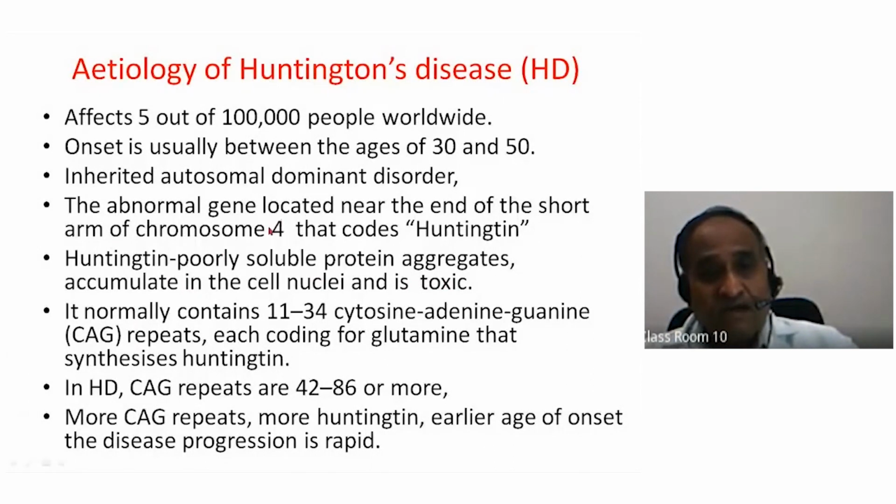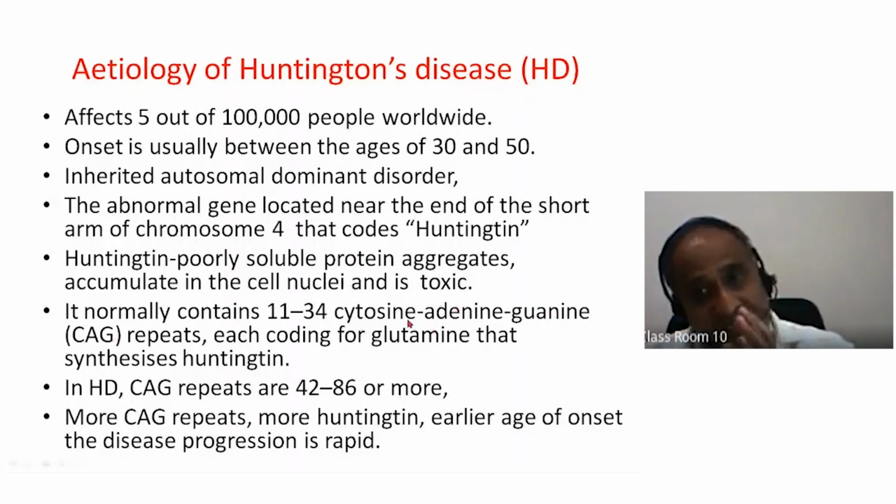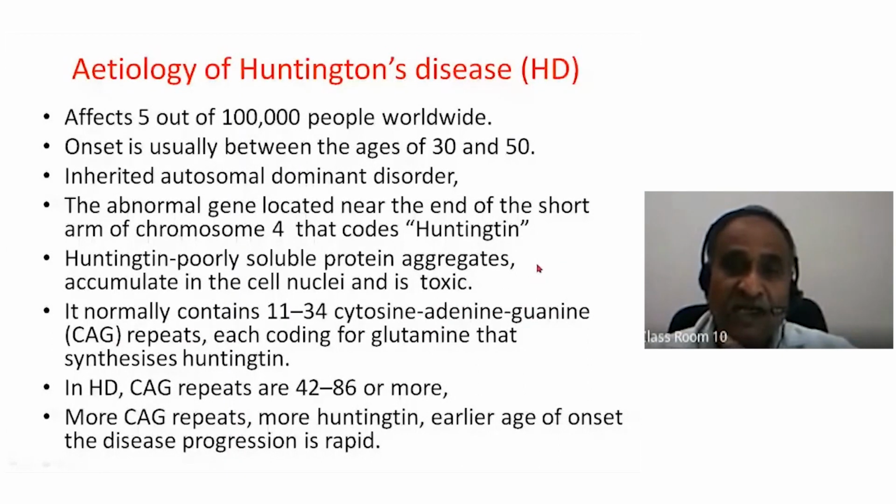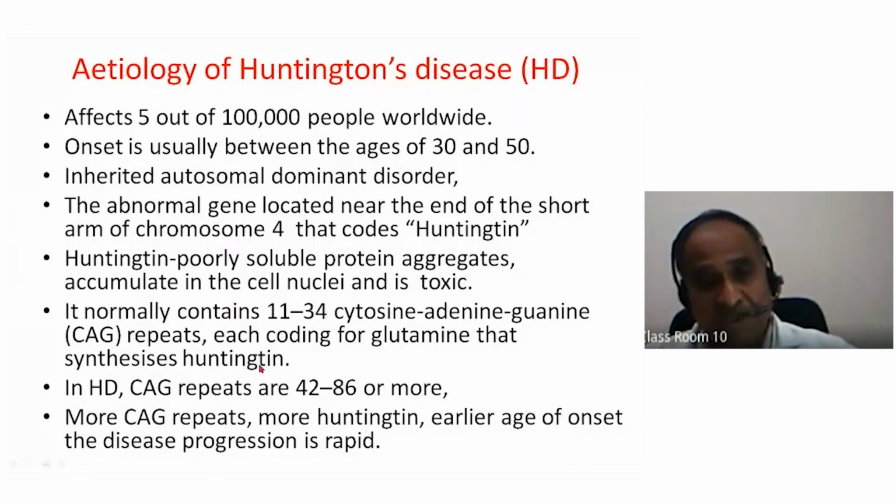Normally for Huntington, the CAG repeats on chromosome 4 are required. Chromosome 4 normally has 11 to 34 CAG repeats. CAG means cytosine, adenine, guanine nucleotide repeats. And these CAG repeats are the code for the synthesis of glutamine, which is part of the huntingtin molecule.